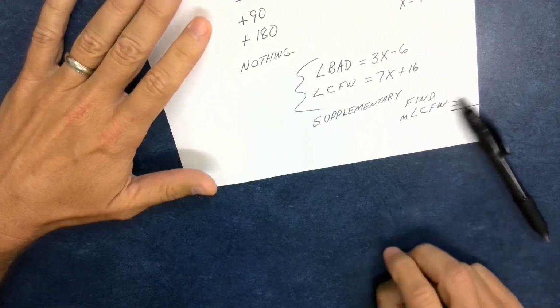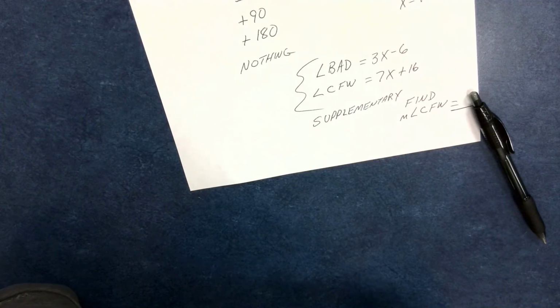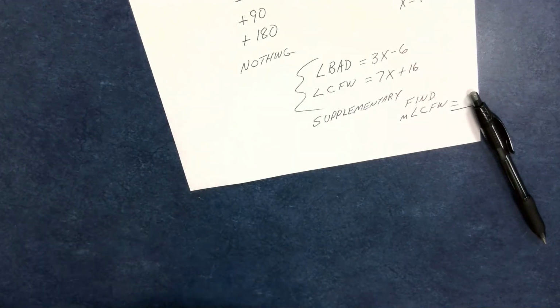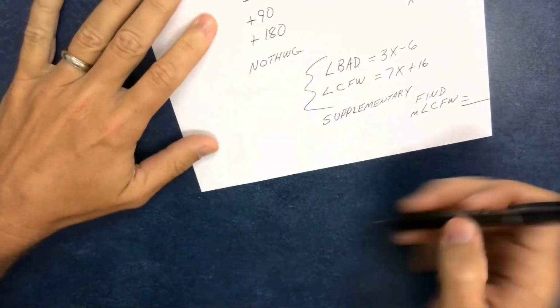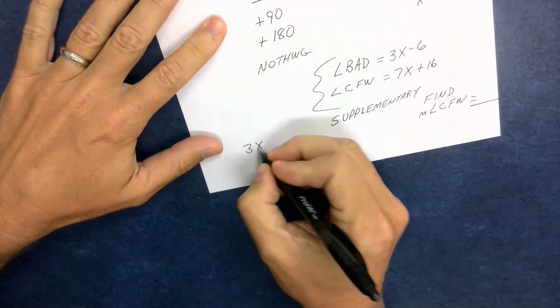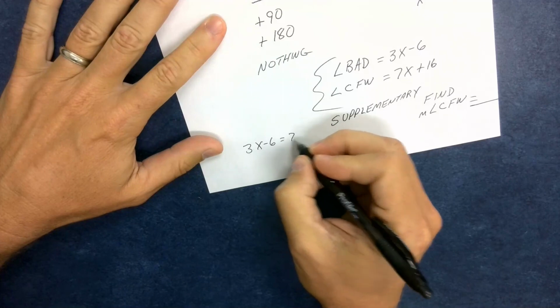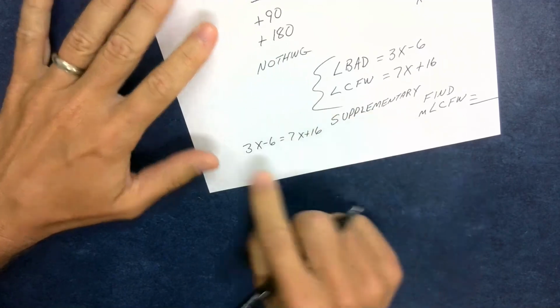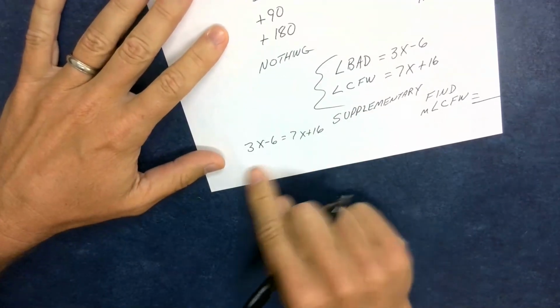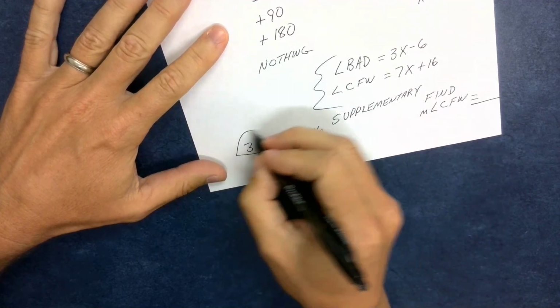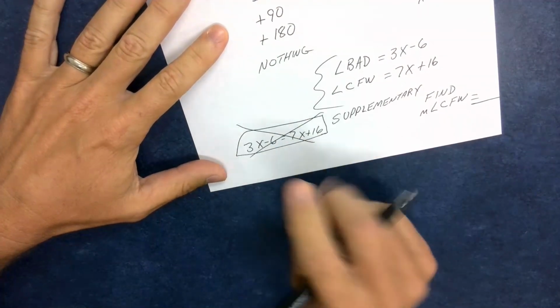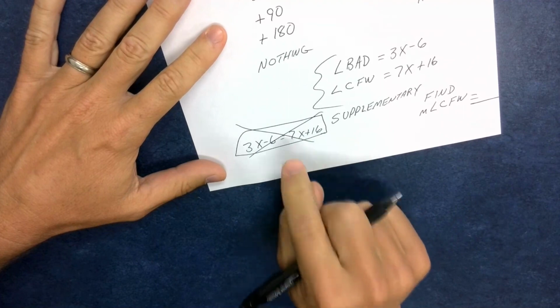So there's some of you, and I'm not saying you in particular, but students over years and years would immediately write this: 3x minus 6 equals 7x plus 16. No, don't let that be you.